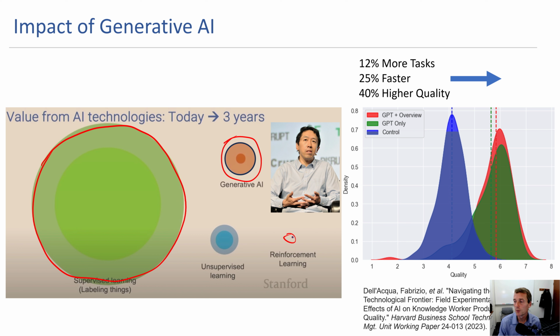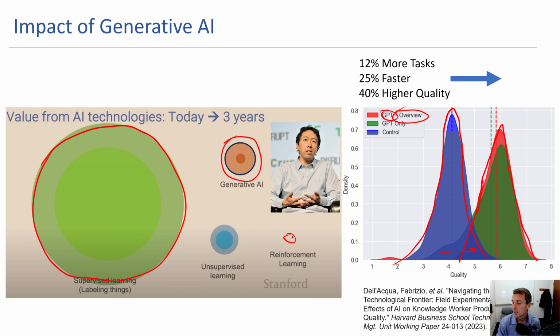But one of the things that we've seen recently is that with AI, in particular ChatGPT, if you give people an overview of how to use it, better prompt engineering, you see that the distribution, this red right here, improves over the quality that you would receive without it.